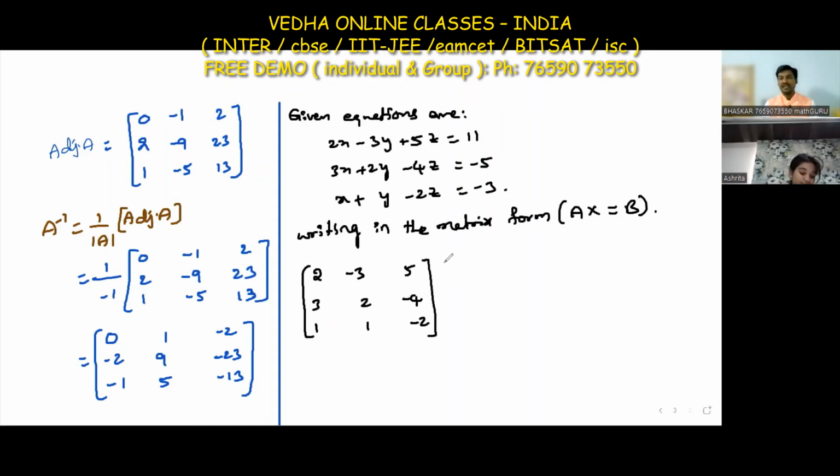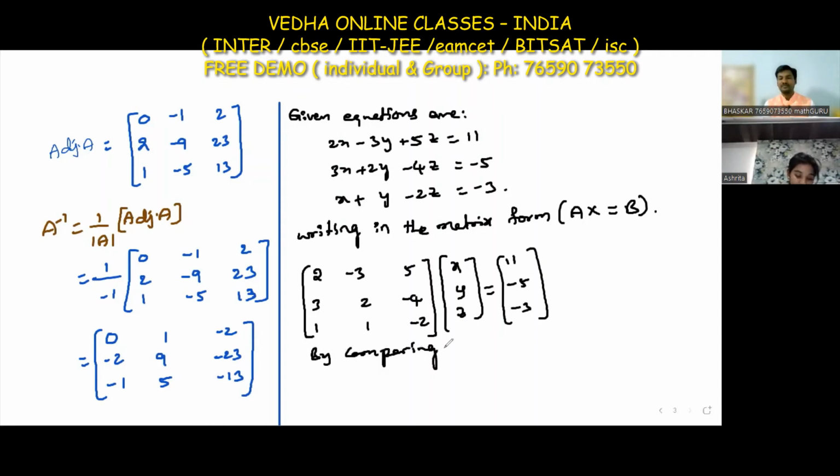X means the variable matrix, that is x, y, z. And constant B is 11, minus 5, minus 3. This is a constant matrix. By comparing with Ax is equal to B, what is the A matrix?